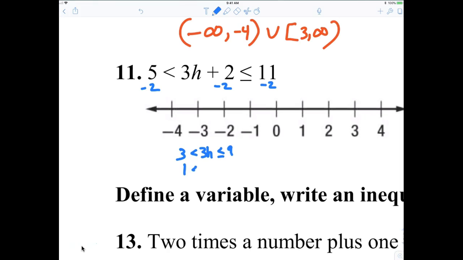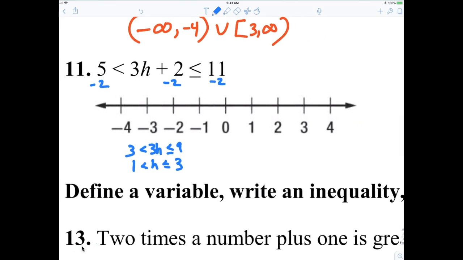So 1 is less than h, which is less than or equal to 3, which just means h is somewhere between 1 and 3. Open circle at 1, solid at 3, this direction right here. Everybody good with that? Now, if we had to write it in interval notation, obviously (1, 3].